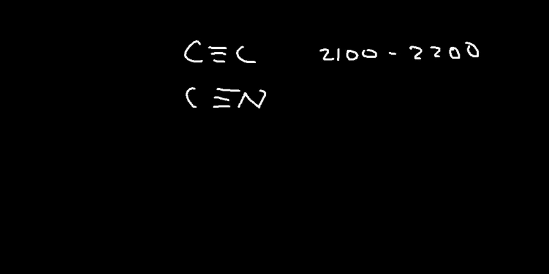Also, by the way, something I want to mention before I forget. When I went over alkynes, I said that alkynes have a signal around 2100 to 2200. Keep in mind, nitriles also have a signal in this area, around 2100 to 2200. And there are some other compounds that have a signal in this area as well.